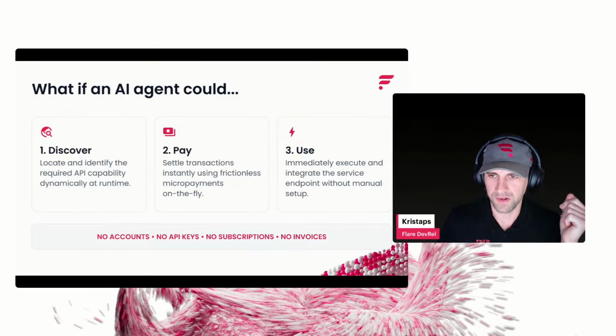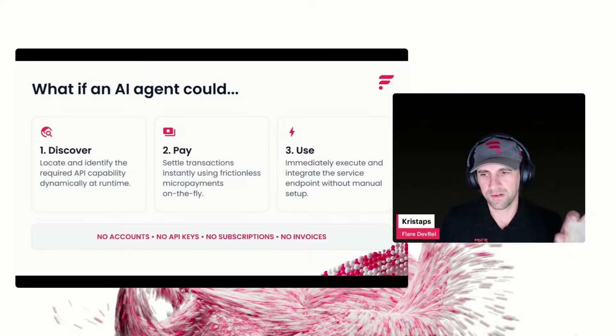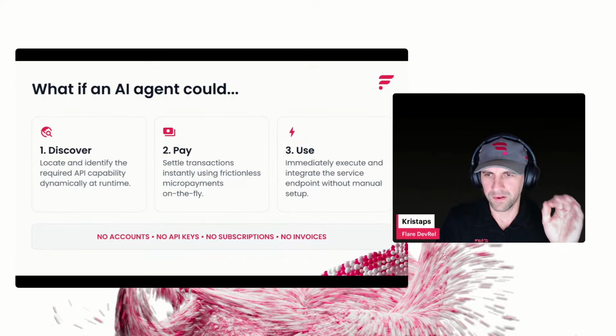So the first one is discovery. Then second is payment. Basically, okay, we know that we need this set of information, or we need to consume, or we need to write something, write data, whatever it is. Then there are payments, and so then we pay.